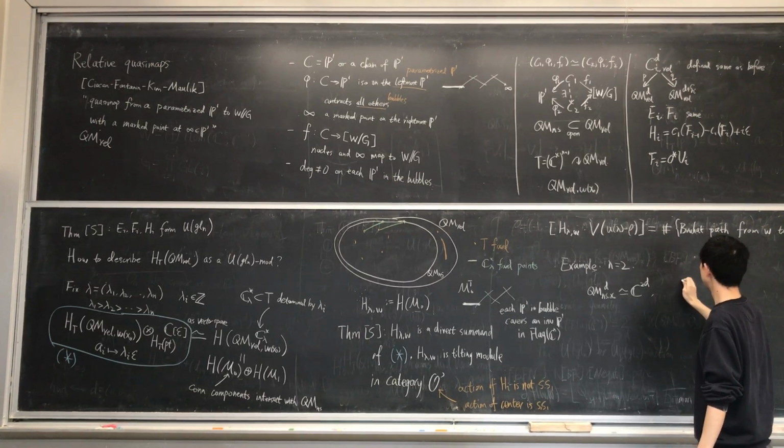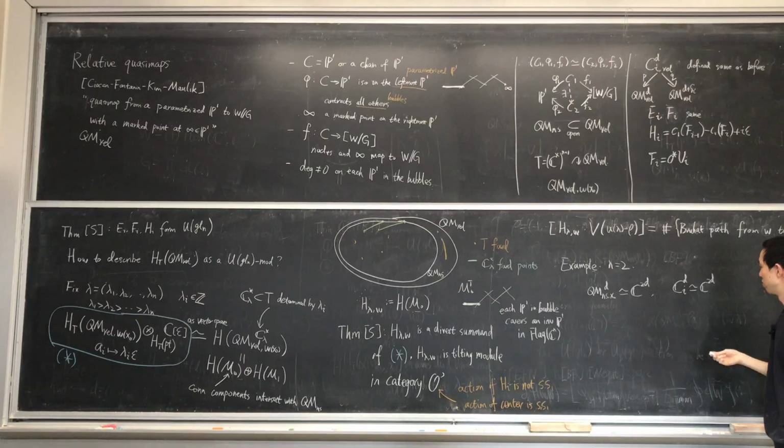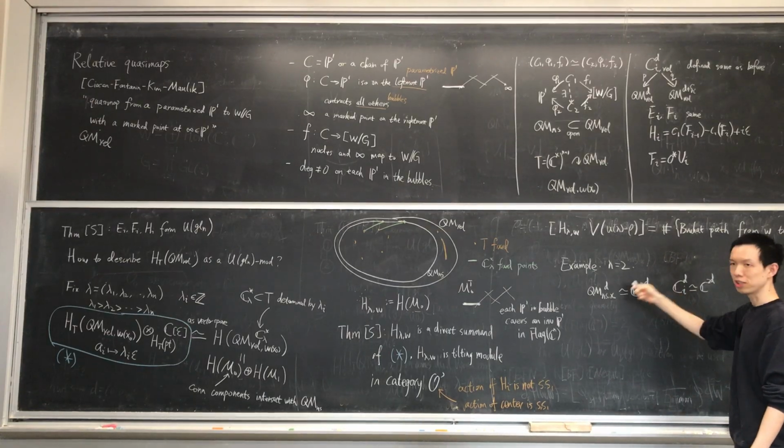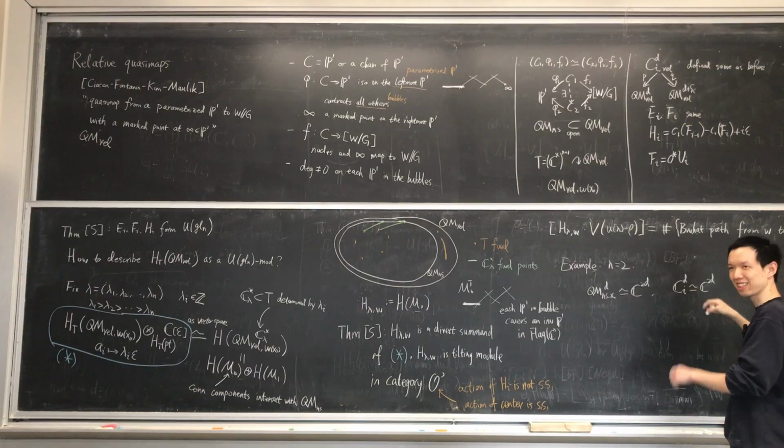And the correspondence is also isomorphic to C to the 2d. It maps to degree d, and it's an isomorphism. It maps to degree d plus 1, and it's a closed embedding.